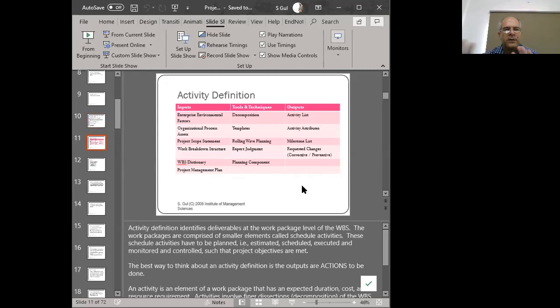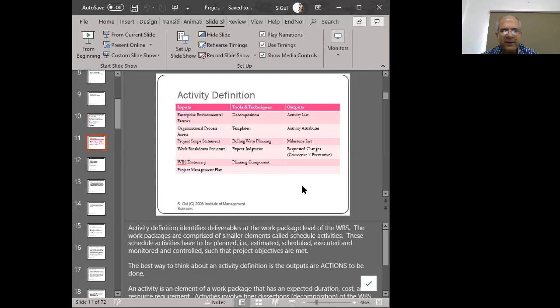Right? Now, if we start thinking about the different processes that go on in a project, we can start thinking about inputs. We can start thinking about the tools and techniques that will be required in order to convert those inputs into outputs and so on. Right?